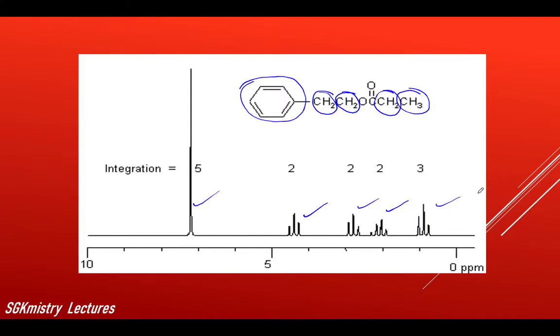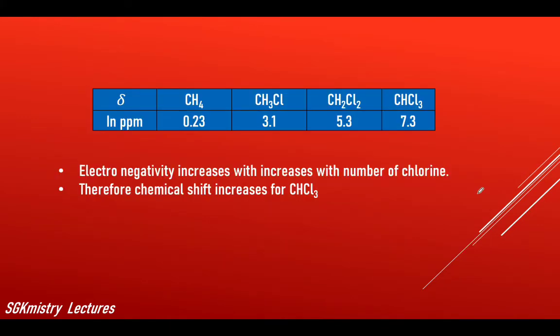So first, coming on to the first factor, the electronegativity of the adjacent atom. I have already explained how it affects the position of the peaks in the NMR spectrum. The hydrogen or proton will be surrounded by a particular number of electrons.